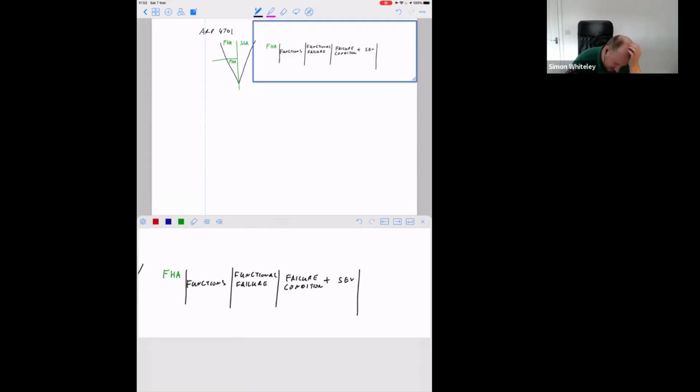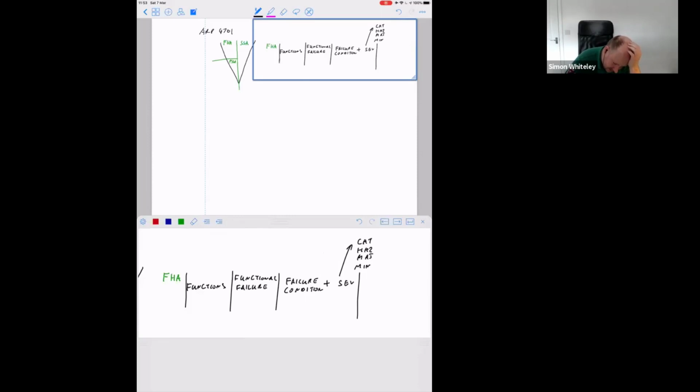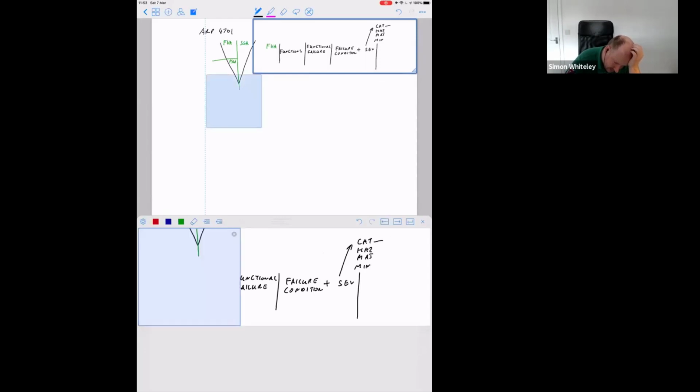Now in civil air transport we have 4 levels. We have catastrophic, hazardous, major and minor, and each of those has a set of safety criteria, objectives related to it, and they depend on the severity of the outcome.